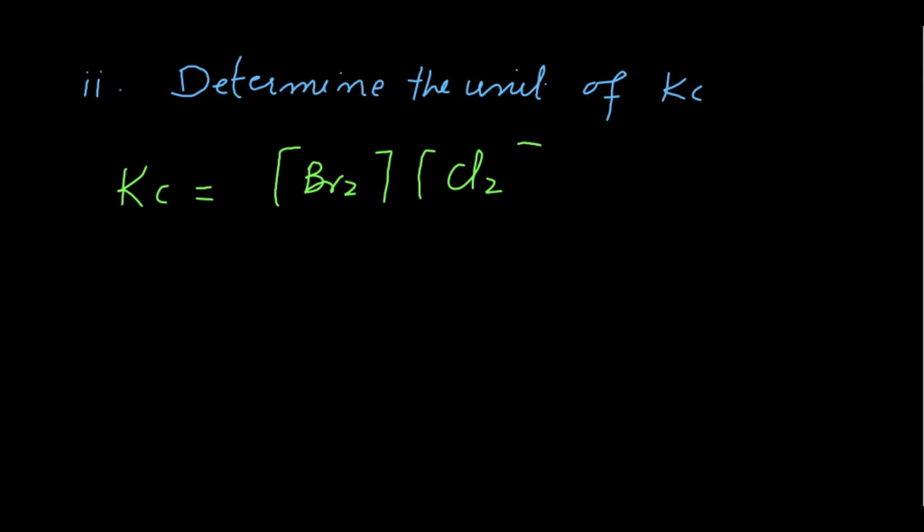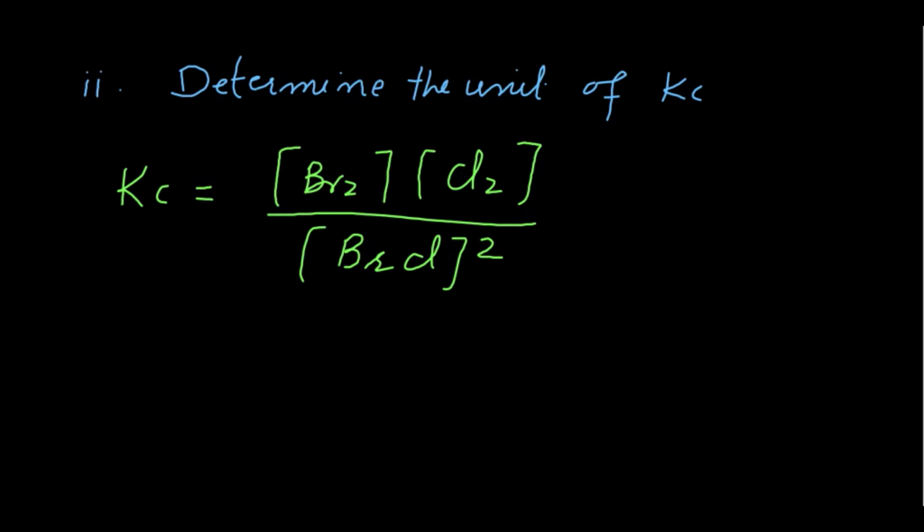These are the products, right, students? And here bromine chloride is the reactant. And how many moles of bromine chloride are given? Since we have 2 moles, here we write 2.